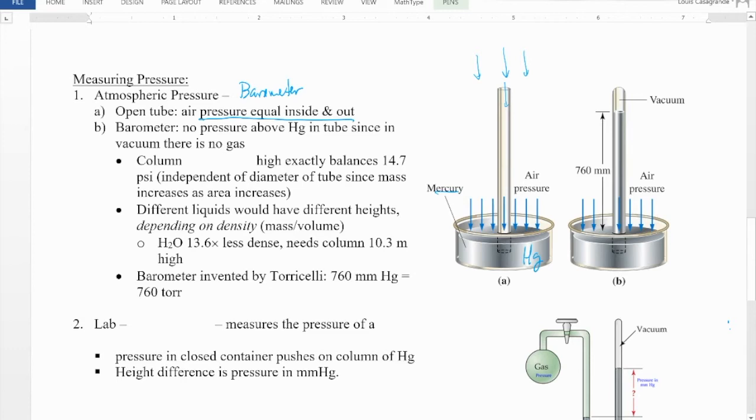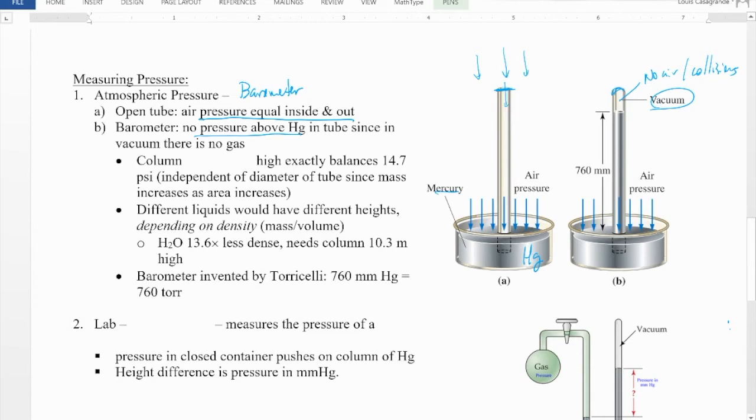Now, in part B, we're going to seal the tube off and put a vacuum in here. Now, remember a vacuum, there's no air, no collisions. But pressure needs to equalize. So there's no pressure above the mercury. So let's seal this off. Let's take a look at this left one.